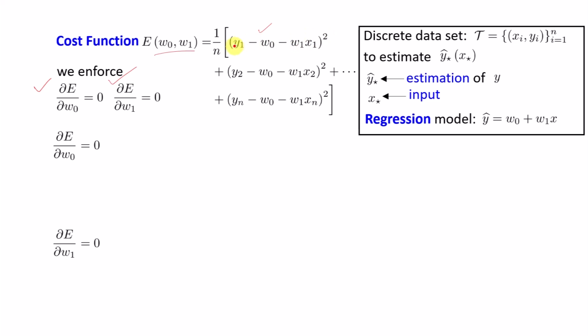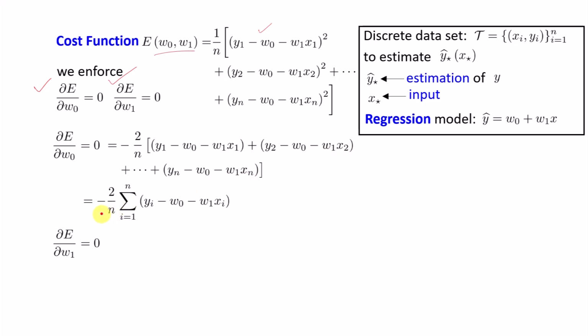So then minus 2 will come in front of each of these first brackets together. I sum them up, I get this derivative, which tells me that minus 2 I can take outside by n, and within this third bracket I'll have all these first brackets, only the squares are removed. So essentially it comes minus 2 by n, y1 minus W0 minus W1 x1, y2 minus W0 minus W1 x2, etc., all the way up to n. So I can write it as a summation, that is minus 2 by n, sum of i equals 1 to n, yi minus W0 minus W1 xi.